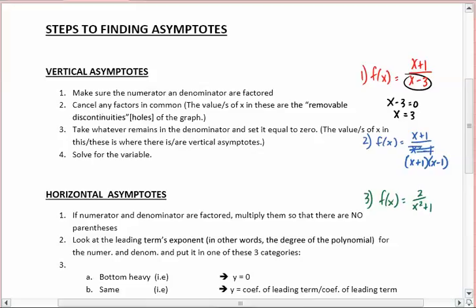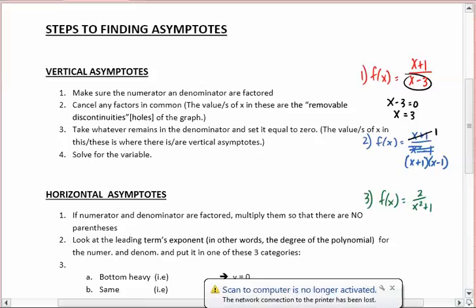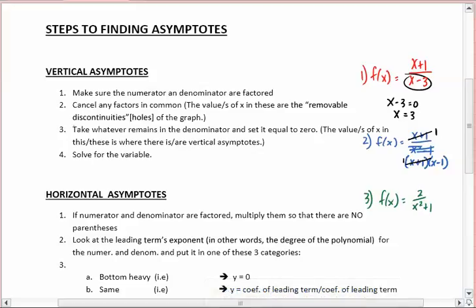Now, cancel any factors in common. X plus 1 goes into x plus 1 once. This is just like middle school math when you were canceling things above and below to reduce the fraction. So now we have this equal to 1 over x minus 1.